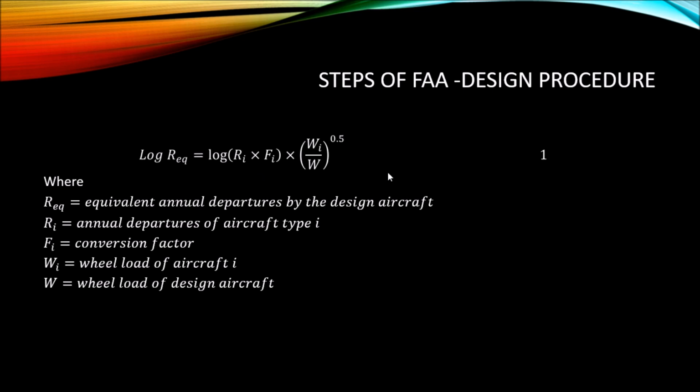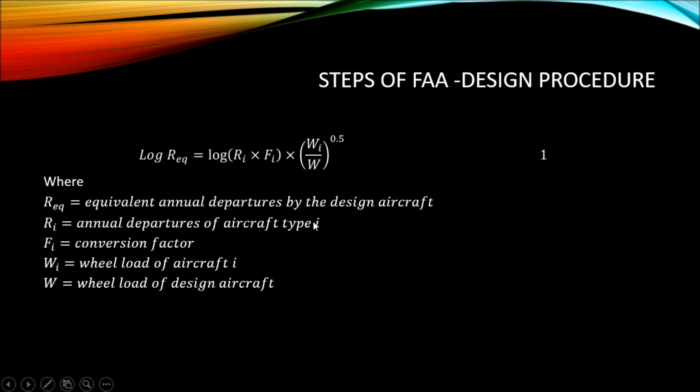Here, R_EG is the equivalent annual departures by the design aircraft, while R_i is the annual departures of aircraft type i. The first one is for the design aircraft, which is the aircraft requiring the greatest pavement thickness. Then i can be any other aircraft apart from the design aircraft.